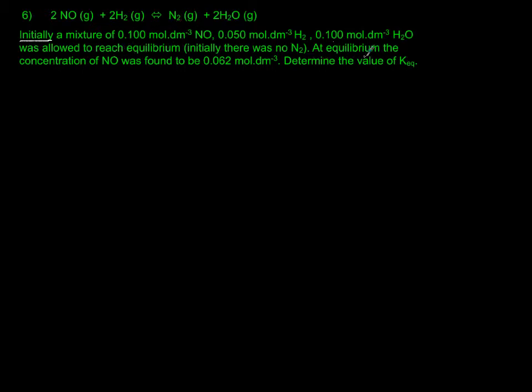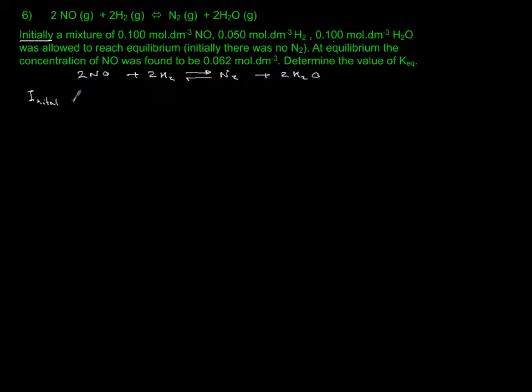There is no nitrogen. At equilibrium, the concentration of nitrogen monoxide is given. Determine K equilibrium. So I for initial, let me write the equation on top. You have nitrogen monoxide plus hydrogen. They are all gases, and they are all involved in the equilibrium.